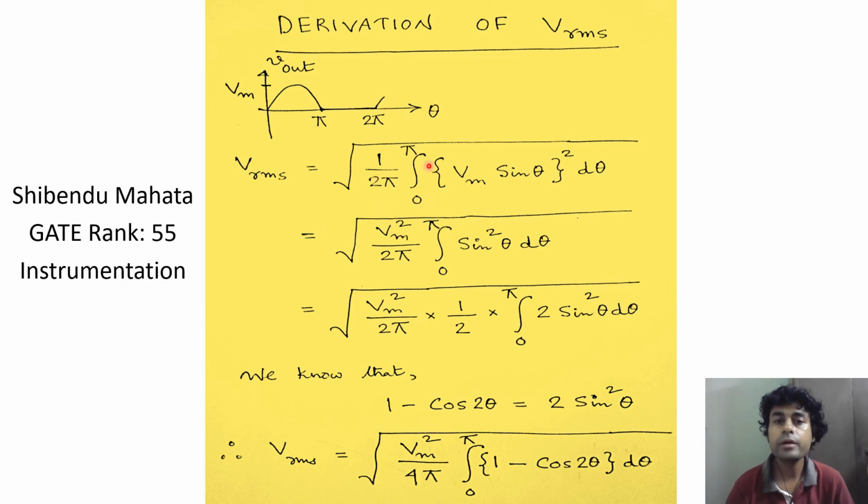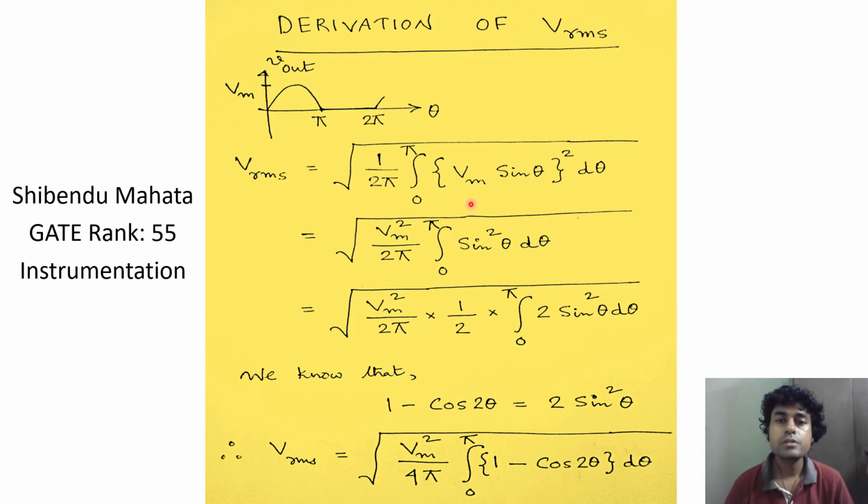So 1 by 2 pi integration from 0 to pi of Vm sine of theta whole square d theta. So this is the mean and square term, and then you take a root of this entire expression. So this is the root term. So root, mean, and then here is the square term.